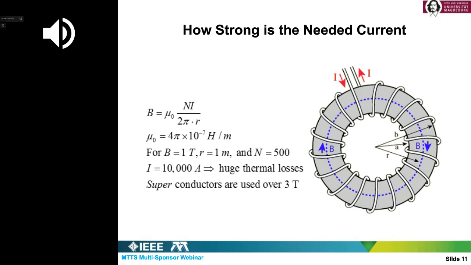But the technical challenge here is the thermal loss, because with 10,000 ampere, if you have any conductor, the thermal loss is huge. Therefore, usually we use superconductors if we go over 3 Tesla. And this is actually one of the engineering challenges in the whole process.